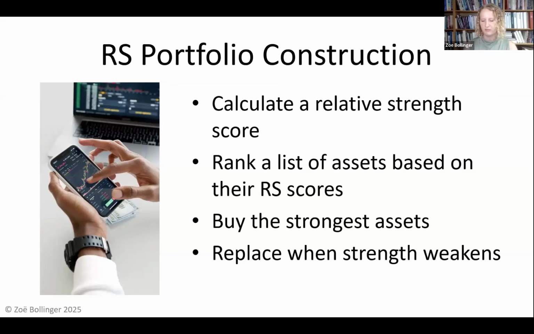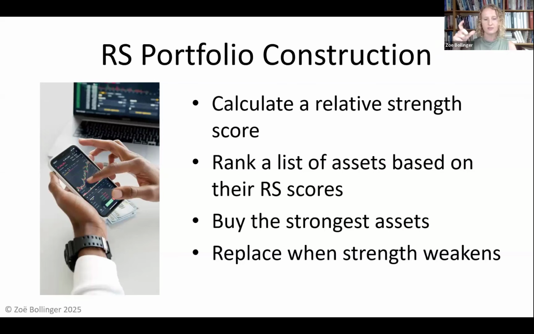So the core foundation of relative strength portfolio construction is pretty straightforward. Get a group of stocks. You calculate a relative strength score for each of those stocks. We'll go through a set of historical examples of relative strength scoring in a moment. And then you rank that list of assets based on the relative strength score that you've just calculated.